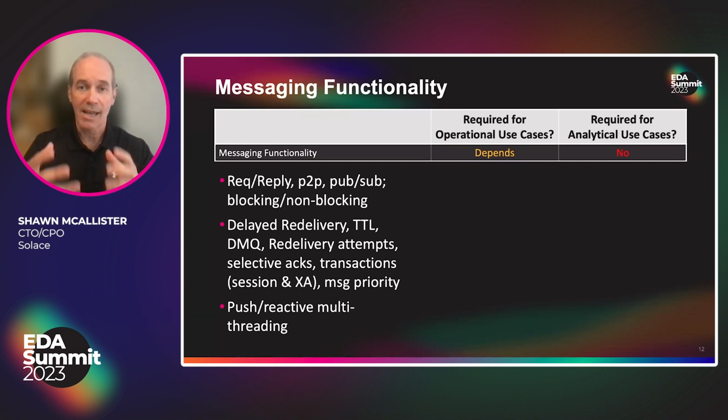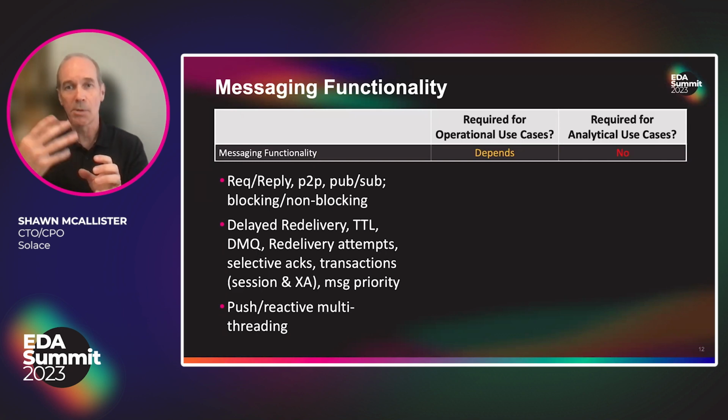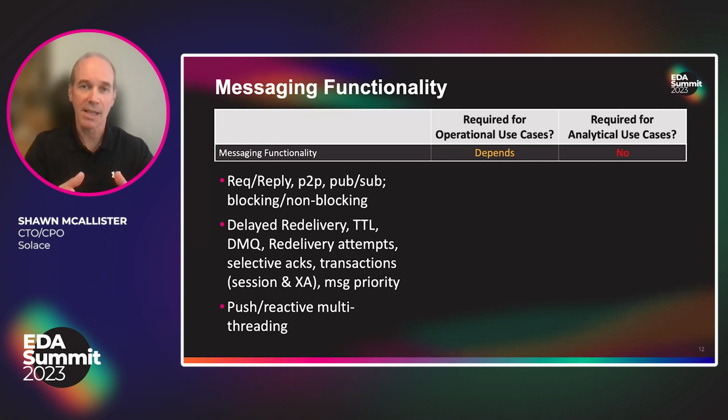Transactions are important: XA or distributed transactions are important for legacy applications, and session-based transactions are important for microservices, where you receive an event, do some processing, publish an event, and then acknowledge the one that you received, and then commit that as one transaction. Very common. And then in situations where you're doing real-time processing and your consumer could be overloaded, message priority and delivering messages in priority order can be very useful as well.